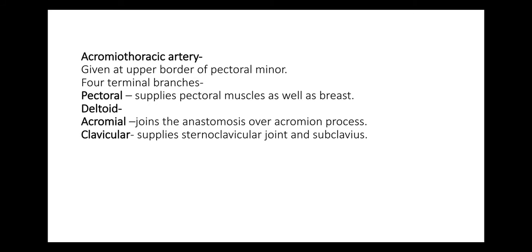Acromiothoracic artery arises at the upper border of pectoralis minor. Four terminal branches: pectoral, deltoid, acromial, clavicular. These are the four terminal branches arising from the acromiothoracic artery.